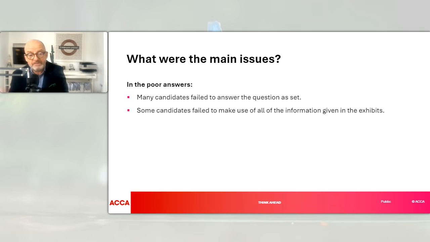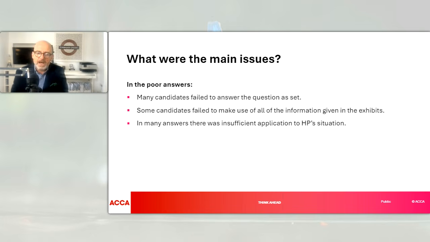People didn't use the information in the exhibits. That's why it's given. Often, the HP, it was called Historic Palaces. So the abbreviation HP is Historic Palaces, which is the case scenario on which the examiner's report is based.